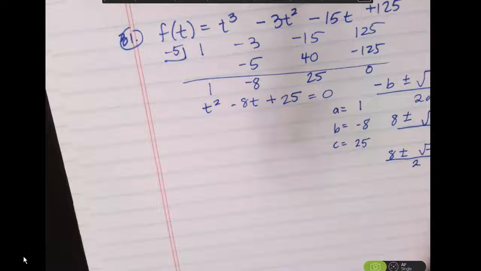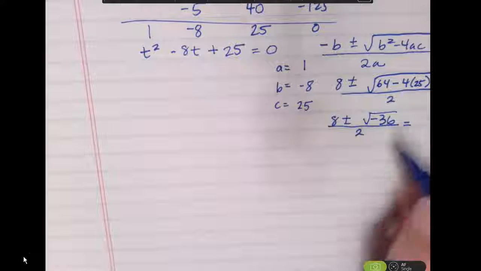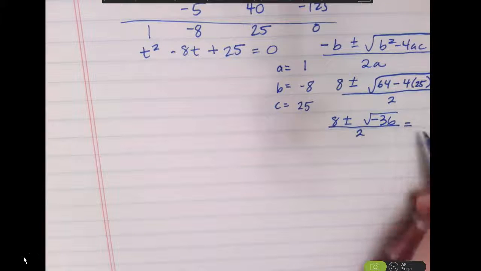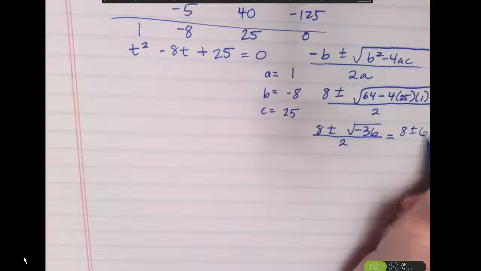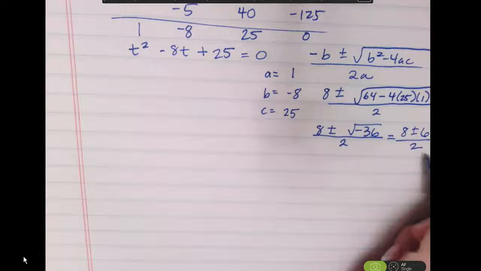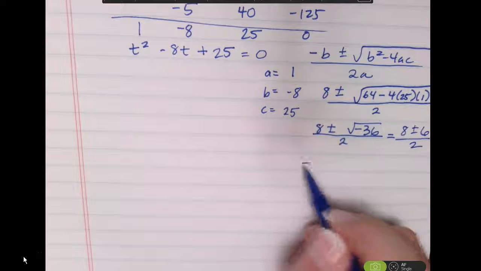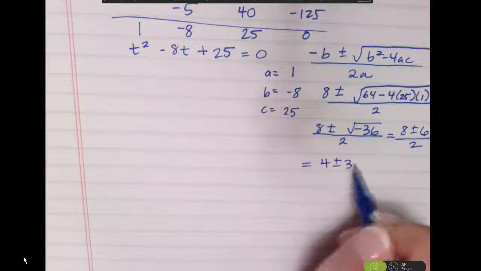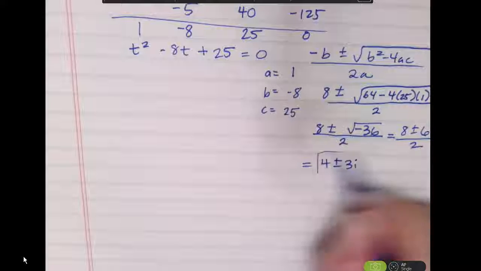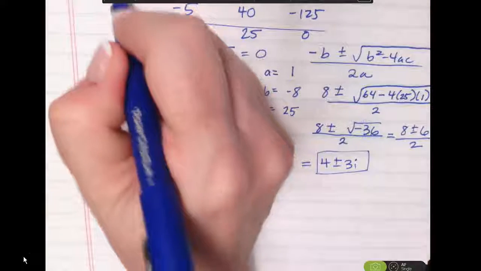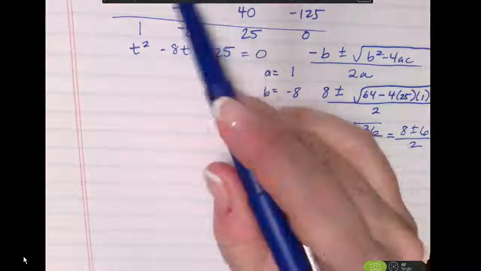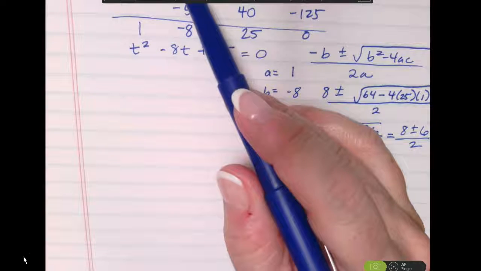So square root of -36 is plus or minus 6i. So I could write that as 8 plus or minus 6i over 2, and then 2 comes out of everything. So that would be 4 plus or minus 3i. And that's actually 2 roots. So I've got those 2 plus my -5. So that's the 3 roots that are required.